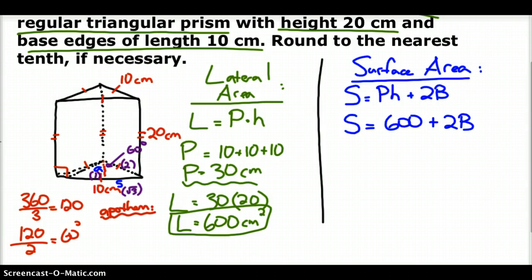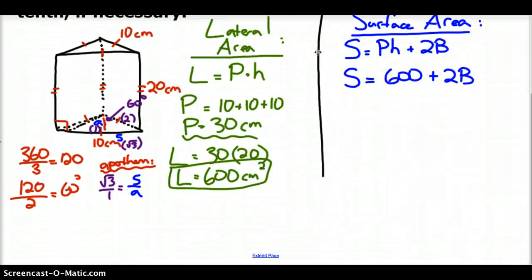So for my apothem, I'm just going to use ratios to figure this out. I'm going to say that I have a radical 3 to 1 ratio, and that's equal to my actual length of 5 over the apothem. So if I continue here, I want to figure out what my apothem is to help me solve this problem.